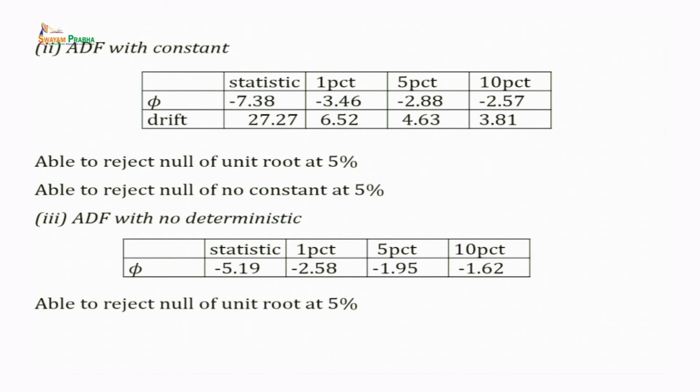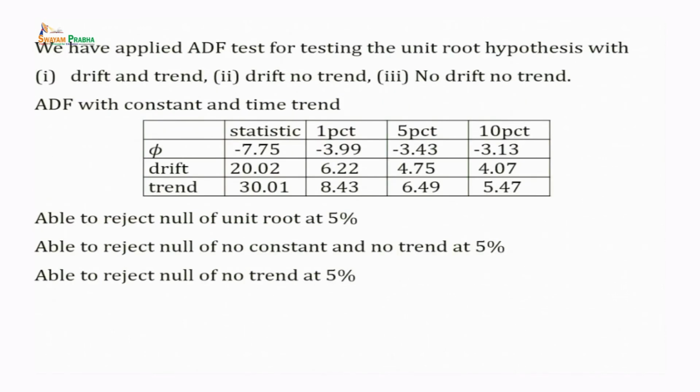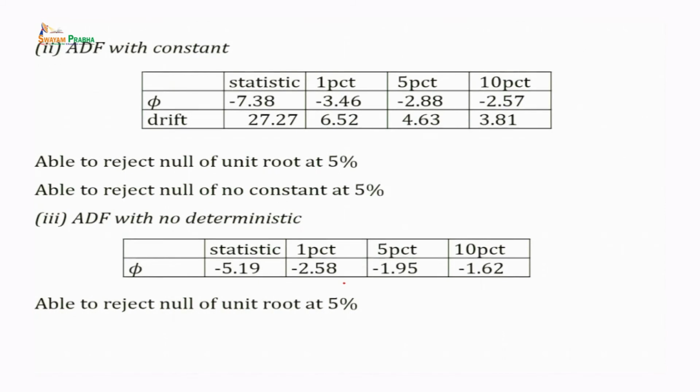This is just for demonstration purpose, but once you have rejected the hypothesis of no trend here, there is of course no point in going for this ADF test with constant only, because the previous result shows that trend is already there. Still, we have applied this test just for demonstration purpose.